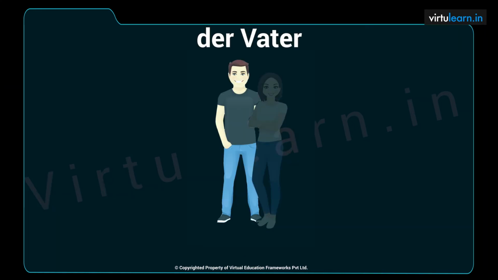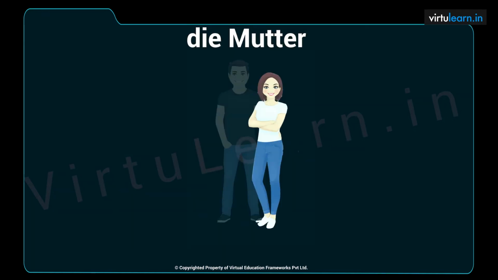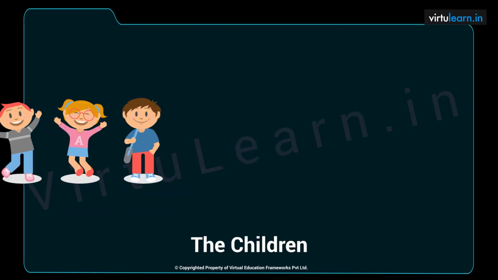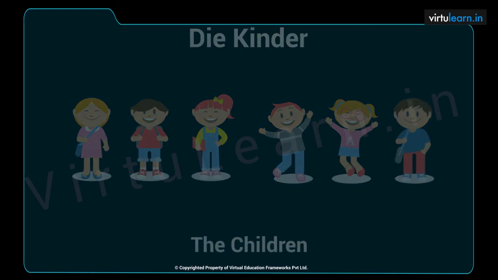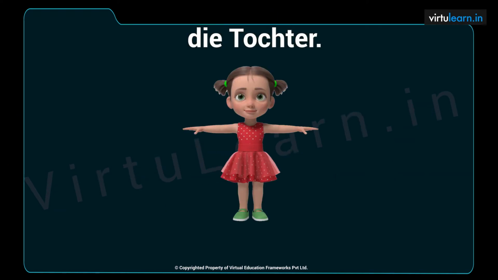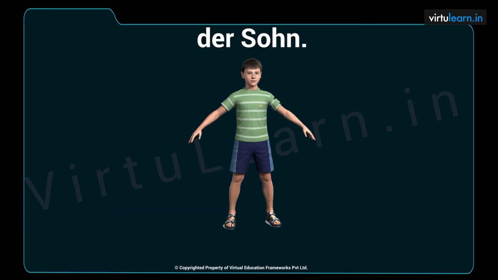Then comes the children, die Kinder. Die Kinder is the plural word, das Kind is a single word. So under the children are die Tochter, the daughter, der Sohn, the son.